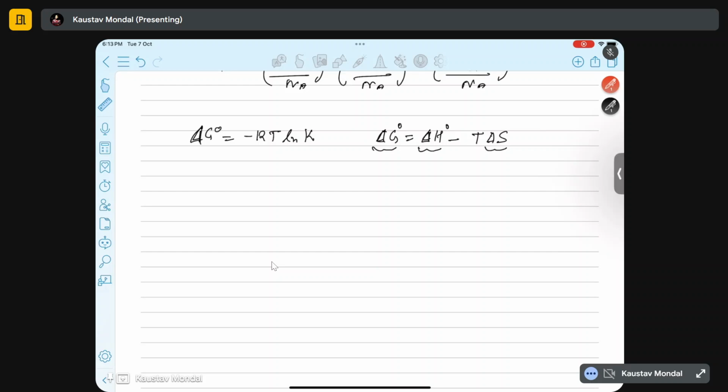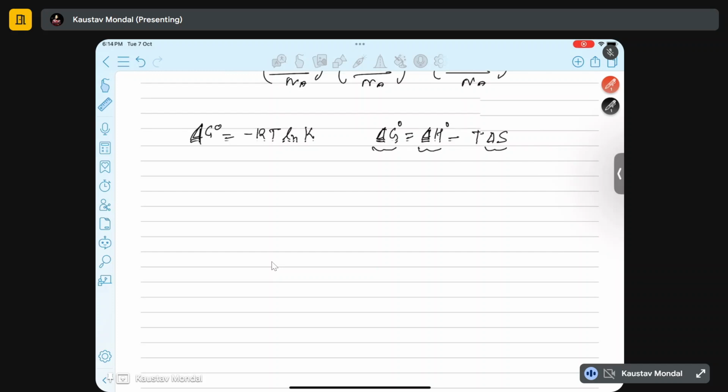So instead of calculating the change in Gibbs free energy, if we calculate the change in enthalpy and entropy during the reaction, from that also we can get the value of the equilibrium constant K, right? For that we have taken an example.